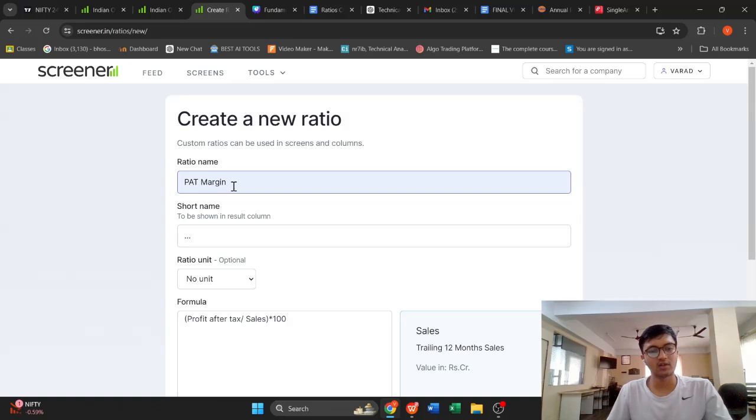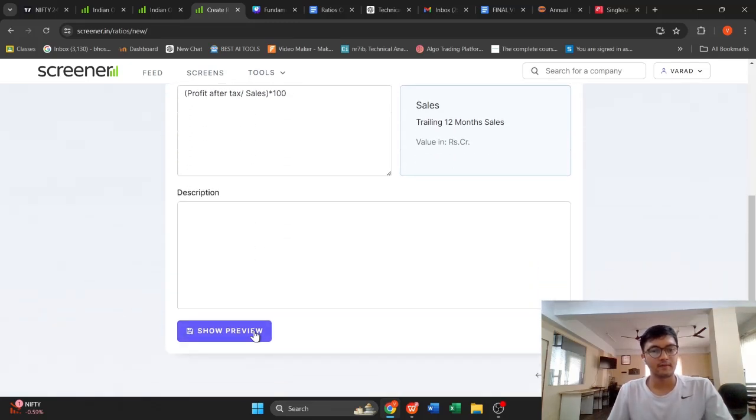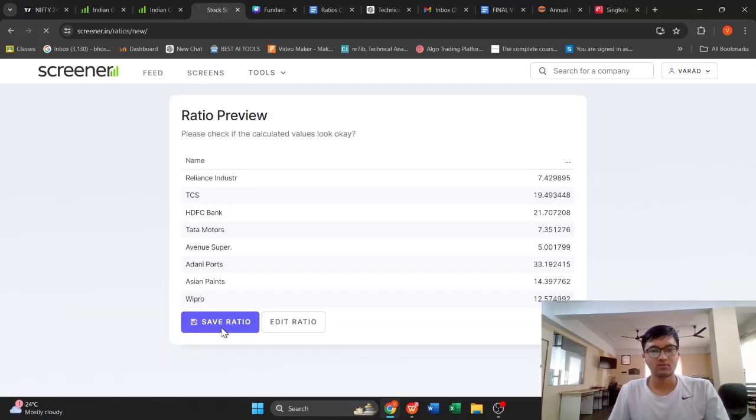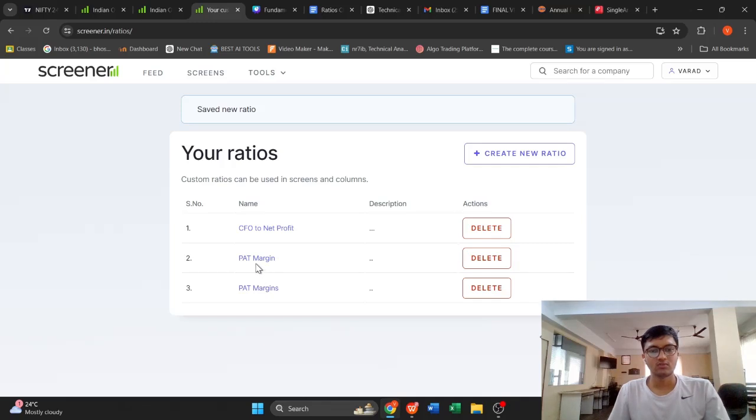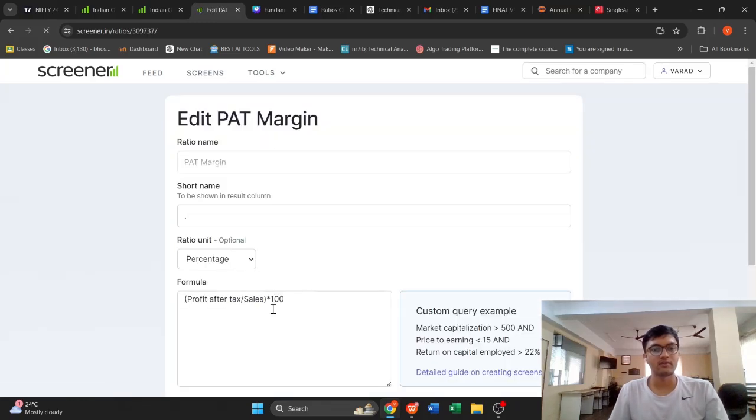So preview, just write. You don't have to write the description of it. So profit after tax into 100, so this is how you can create your own ratios.